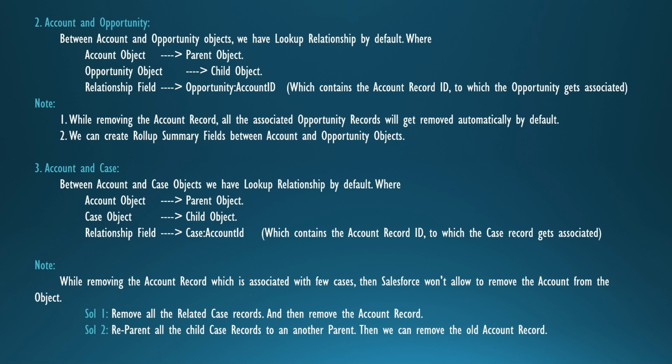Note: while removing the account record which is associated with few cases, then Salesforce won't allow to remove the account from the object. Solution 1. Remove all the related case records, and then remove the account record. Solution 2. Reparent all the child case records to another parent. Then we can remove the old account record.